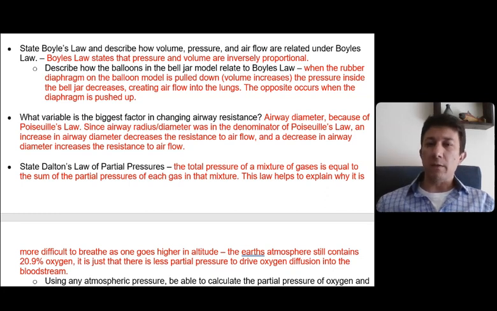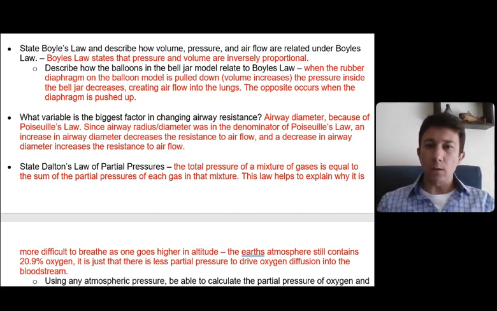And so that's what we mean by inversely proportional. If one of those items increases, the other will decrease. So by creating an increase in volume, we create a decrease in pressure. And it's when we create decreases in pressure that flow occurs.